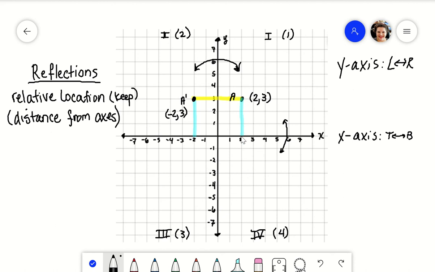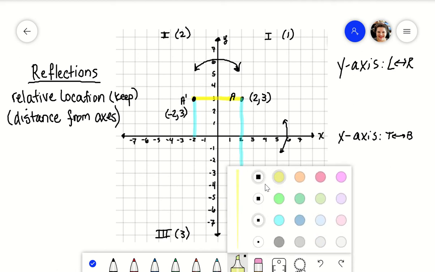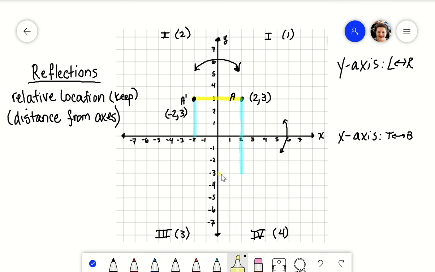So here, it is 3 units away from x. So I am going to count 1, 2, 3. And it's 2 units from y. So I am going to count 1, 2. This has preserved the relative location, and we'll make that double prime.